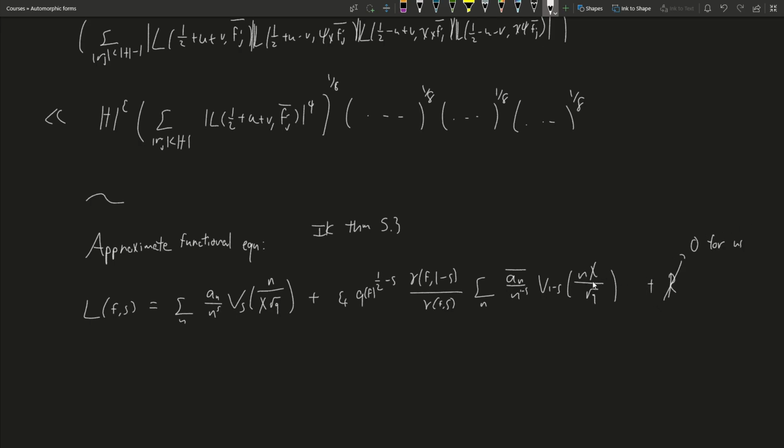So here q is the conductor of L. V_s is smooth and of rapid decay.